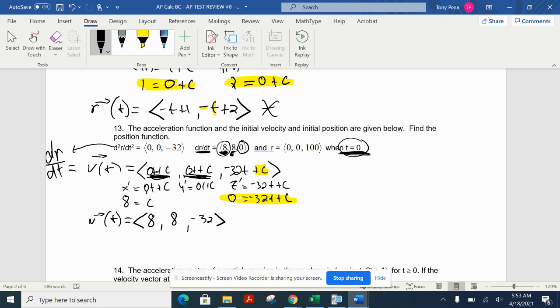Do one more. Now we will call this r of t. So this would be 8t plus c, comma, and then we get another 8t plus c, comma, and then a negative 32t plus c. Then we need to find out what those c's are.